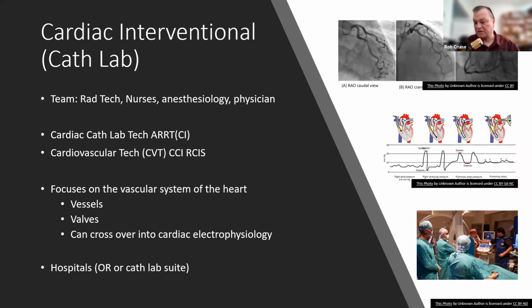They have an ultrasound machine to help them get the vascular access that they need. You might get a tube in your wrist, so that's the radial artery, or in your groin, which is the femoral artery. Just depends on the specifics of the case and also the physician's preference.